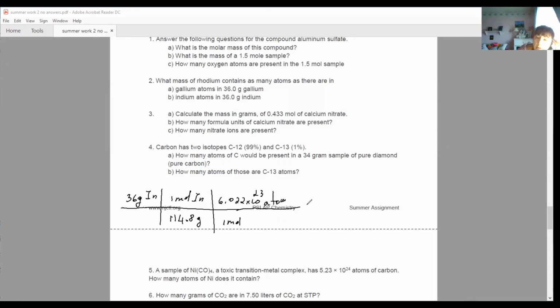Whatever this number is, we get indium atoms. Now we want to know what is the mass of the rhodium that contains that many atoms. So we start from the atoms, whatever this number is. Technically, we can keep going from here.